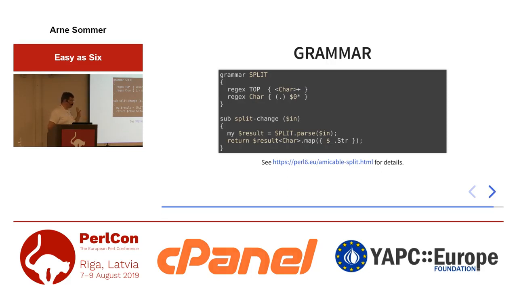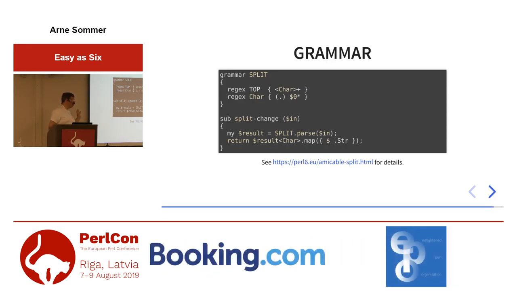But that is probably going to change as Perl 6 matures and gets better. Because when you do this, you have very little code, so it's much easier for the compiler to work on it.